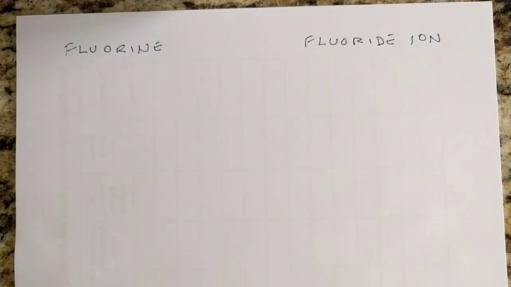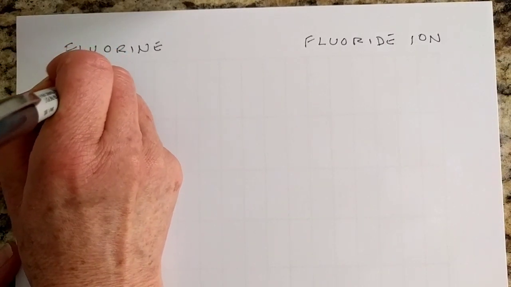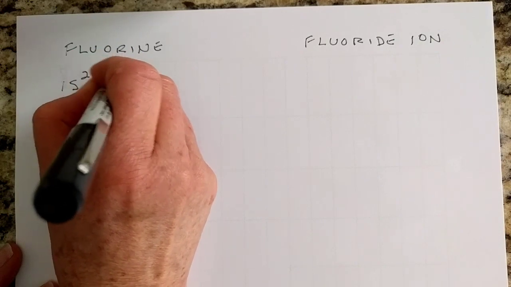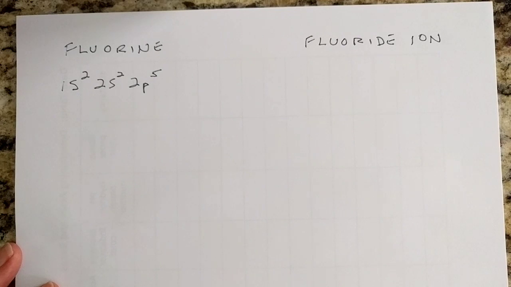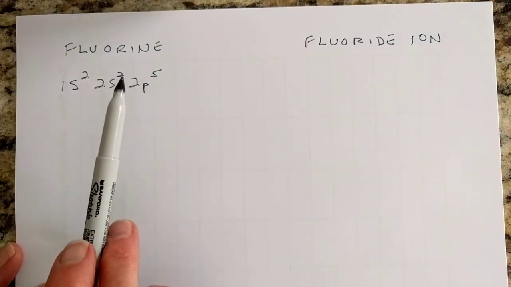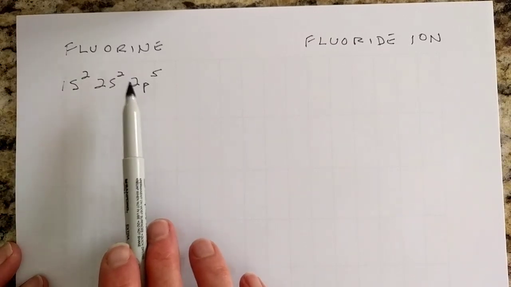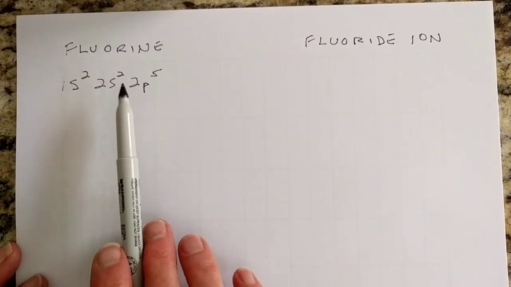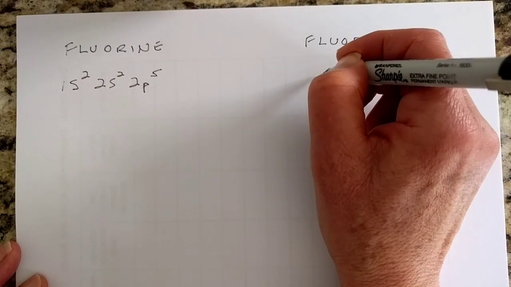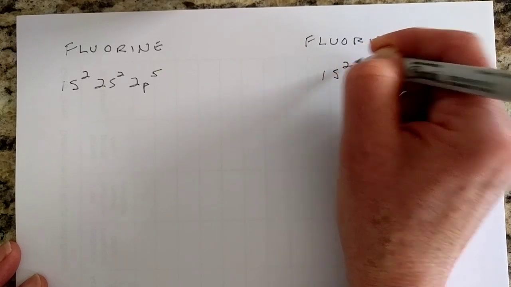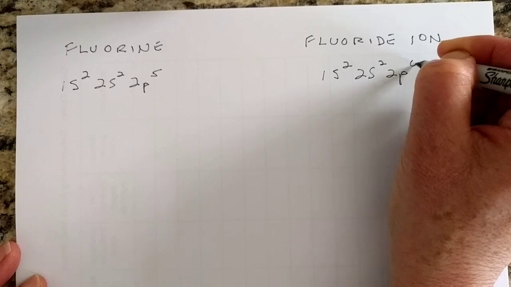All right, so let's get our electron configuration for fluorine, and we see that as 1s2, 2s2, 2p5. Fluorine is a nonmetal. It is going to gain electrons into its valence shell to be like the element after it on the periodic table, which is neon. So the fluoride ion has the same configuration as neon, 1s2, 2s2, 2p6.